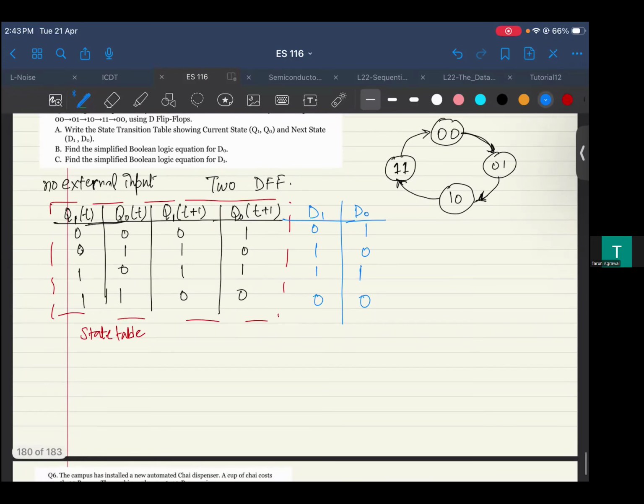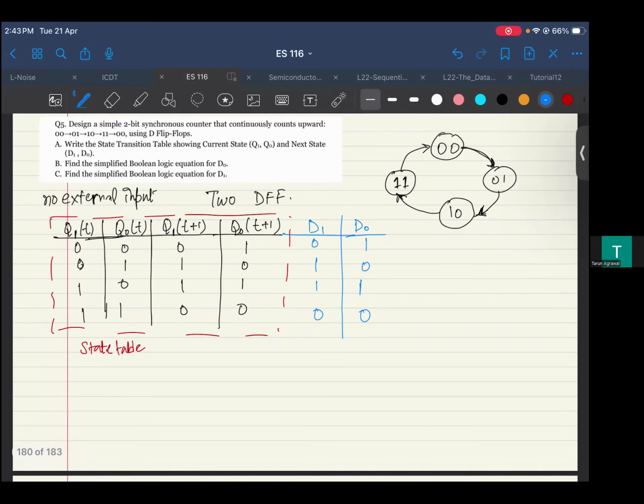So now I have to write D1 as a function of 2 inputs, which are Q1 and Q0, right? These 2 inputs. You can clearly see from the table, or you can do the Karnaugh map.